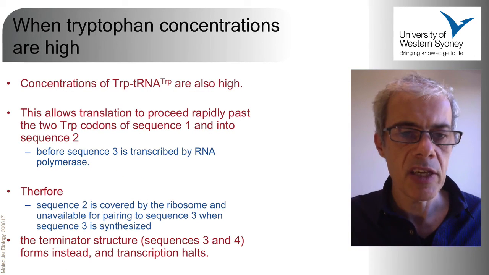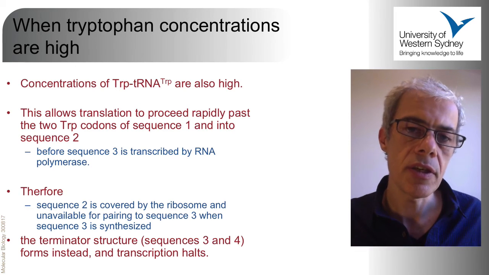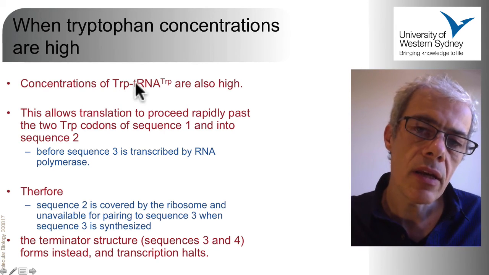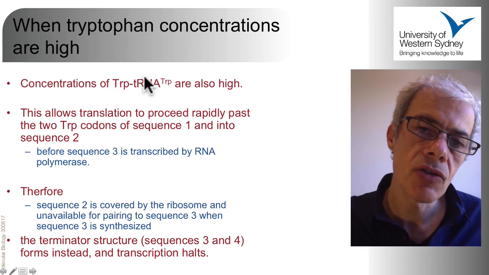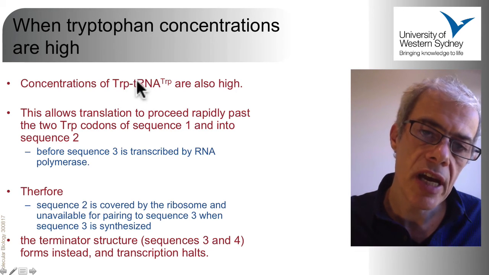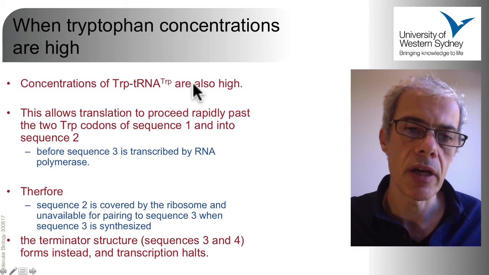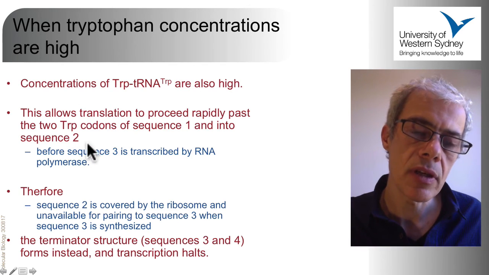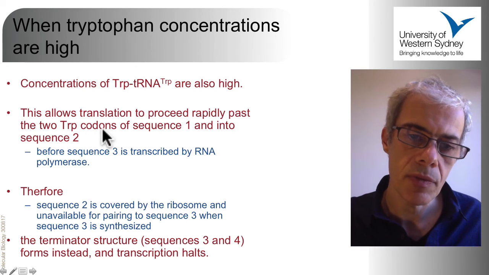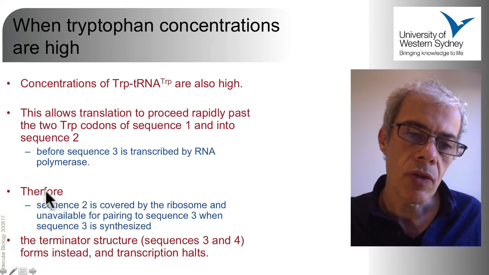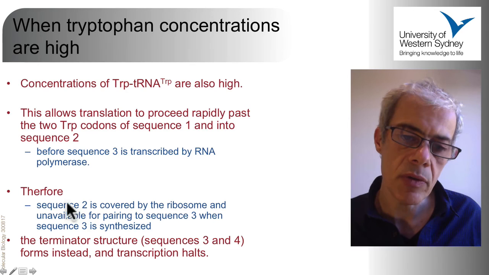So again, from the textbook, just to summarize what I've just said to you, when trp levels are high, the charged tryptophan tRNA levels are also high. This allows the ribosome to translate through the trp codons, and therefore the ribosome covers sequence 2.